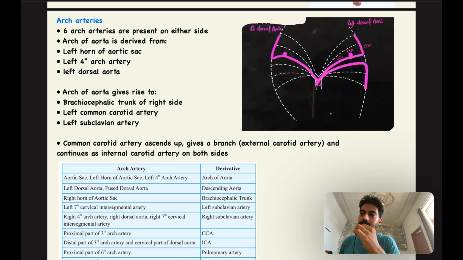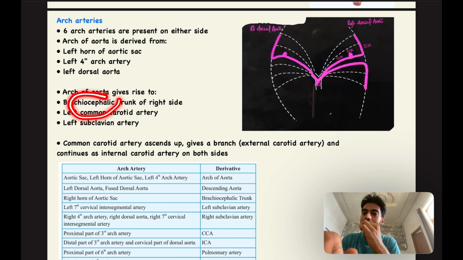So it is derived from these three structures: the left horn of the aortic sac, the left fourth arch artery, and the left dorsal aorta. It gives 3 branches: the brachiocephalic trunk on the right side, the left common carotid artery, and the left subclavian artery.